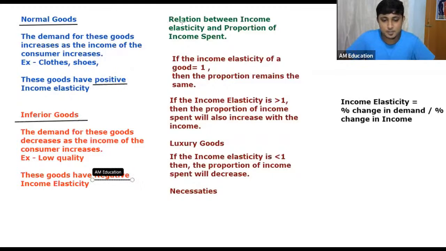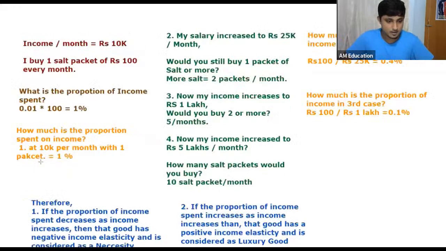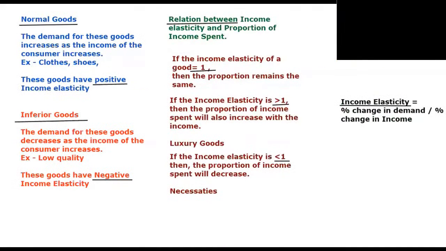We learned the relation between income elasticity and proportion of income spent, where it is equal to 1, more than 1, and less than 1. And we've learned what is income elasticity as well. Clear? All of you are clear?